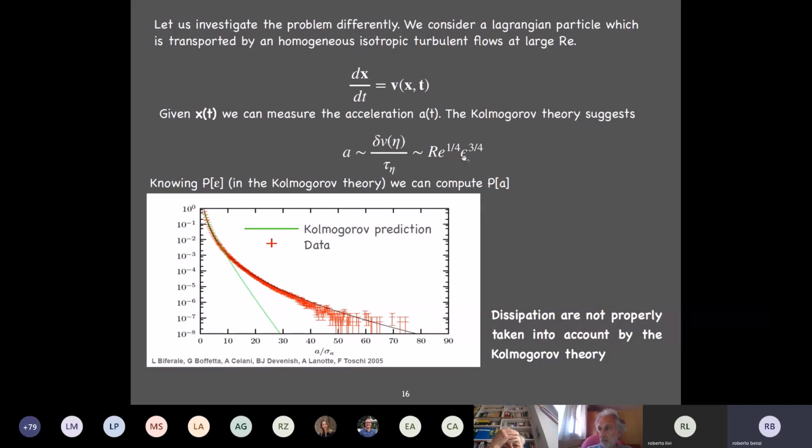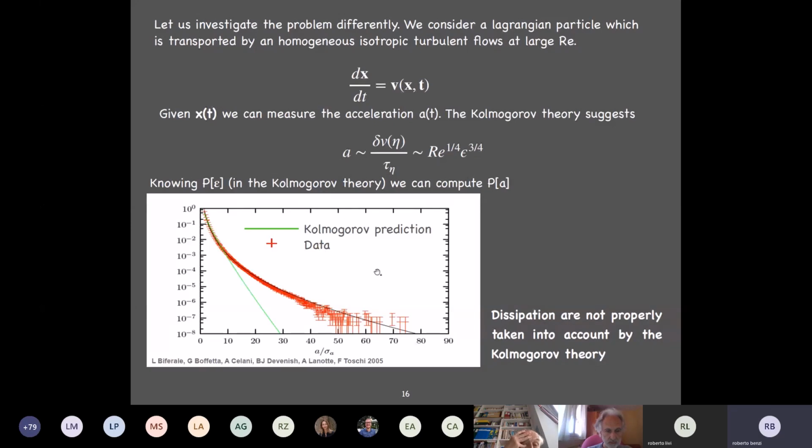As we said before, we can make a reasonable statement about the fluctuation of the energy dissipation within the Kolmogorov approach, and so you can make a prediction of the Kolmogorov theory on the acceleration experienced by this particle.